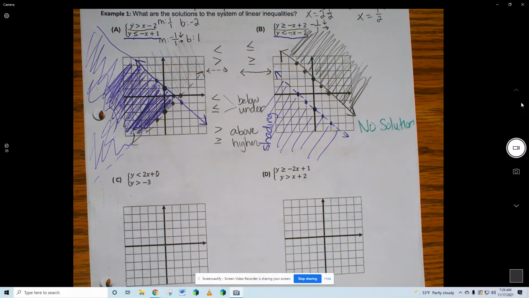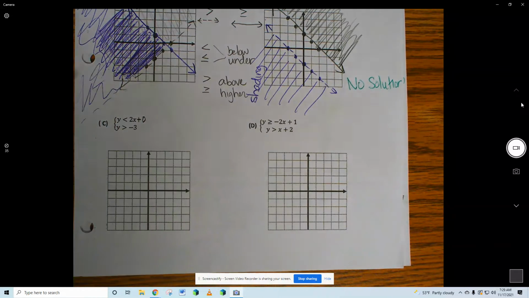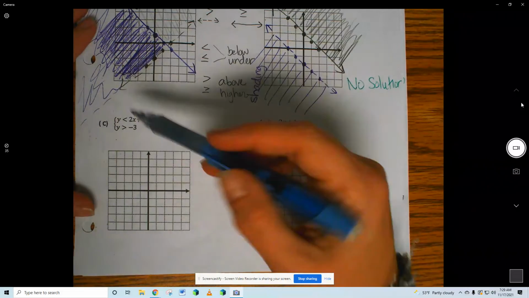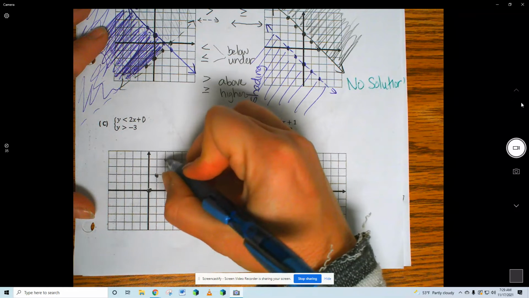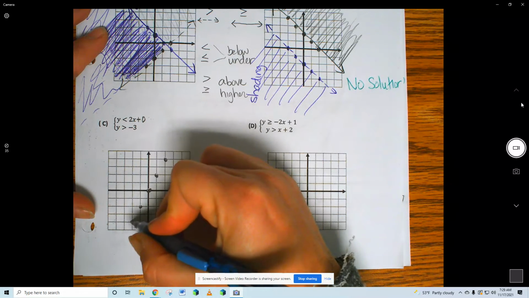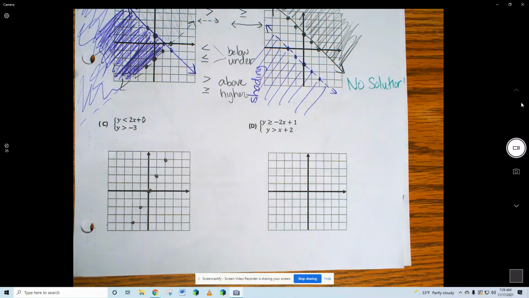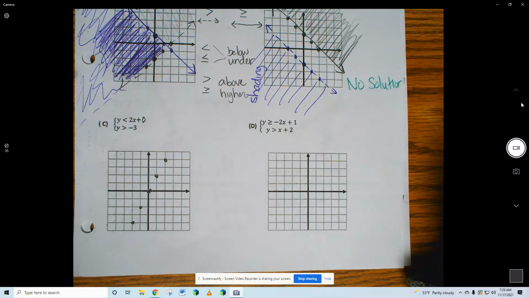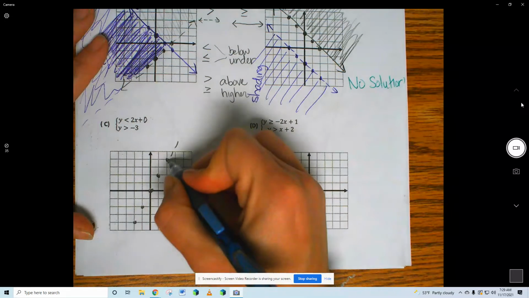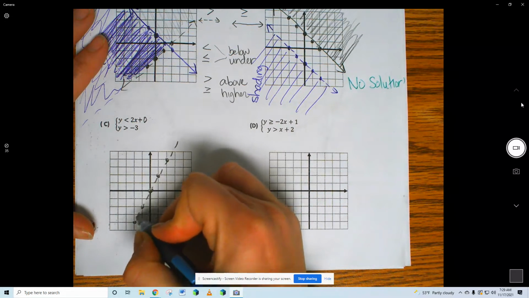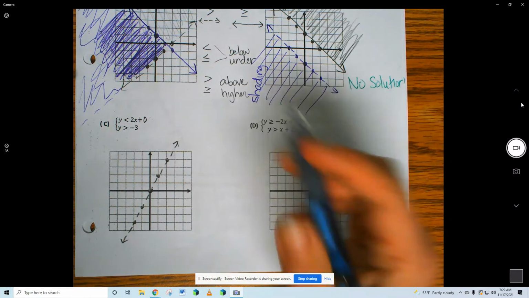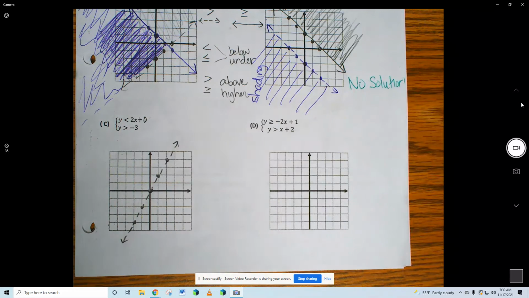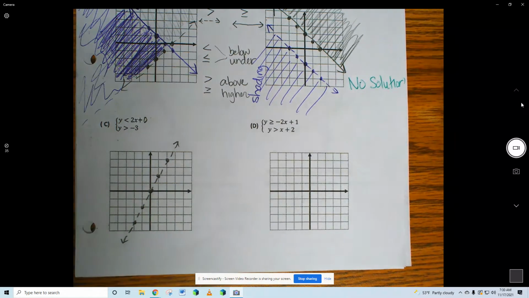Let's do the first two first. Okay. Begin at 0, rise 2, run 1. These are both dotted lines. This shading is less than the line, under the line, below the line.